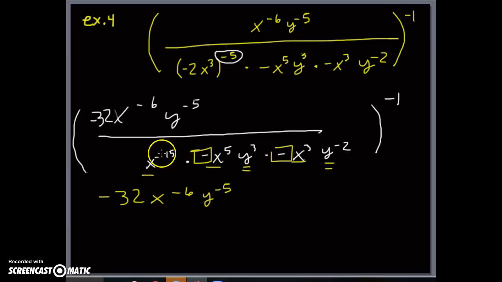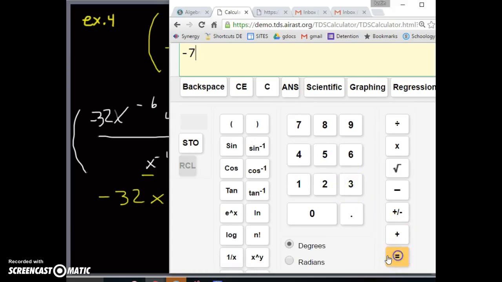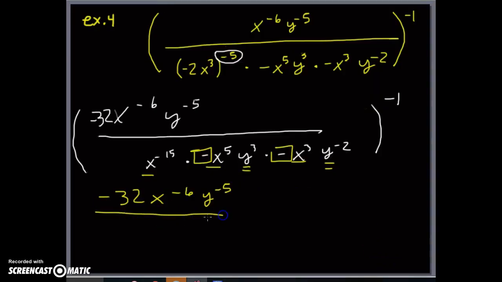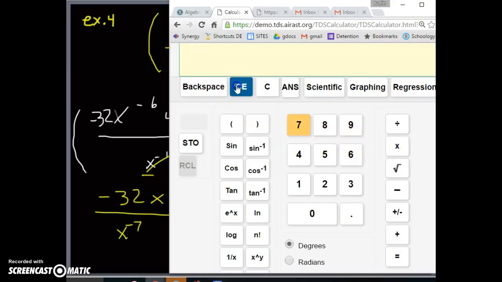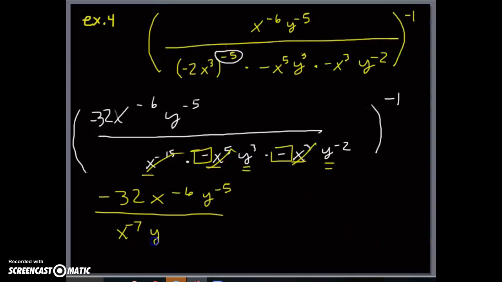And then when we add up the exponents for the x, we've got negative 15 plus 5 plus 3. And that's a negative 7. So we can write this as x to the negative 7th. And then for y, we've got 3 plus negative 2, which is just a positive 1. So we can just write it as y.